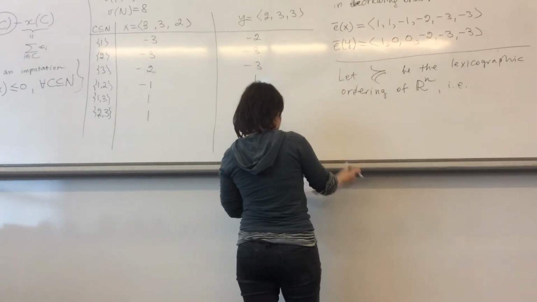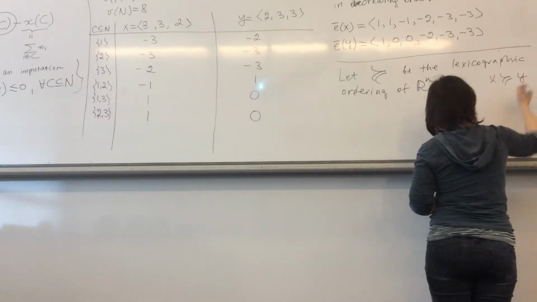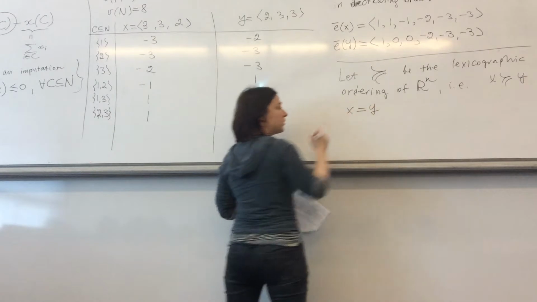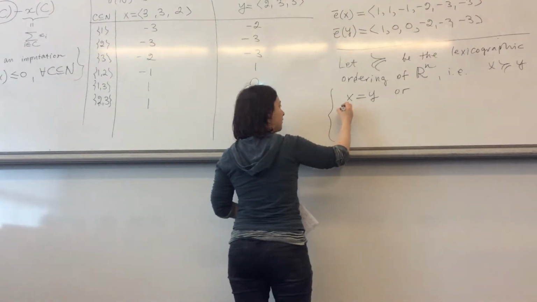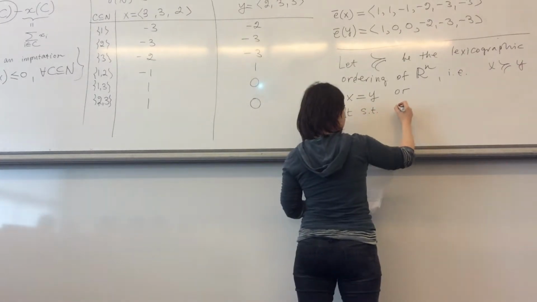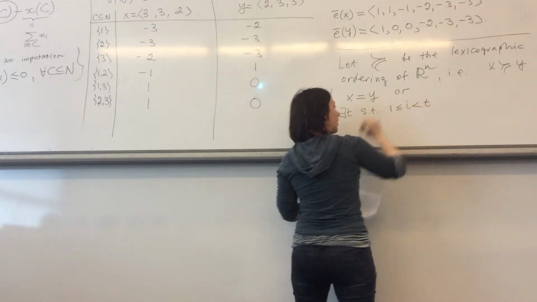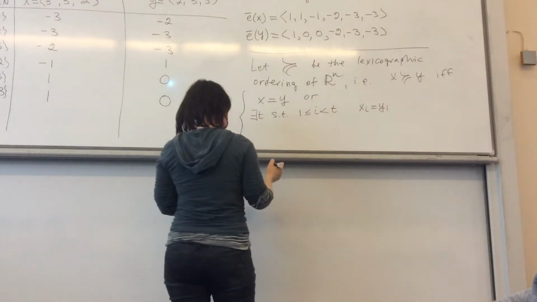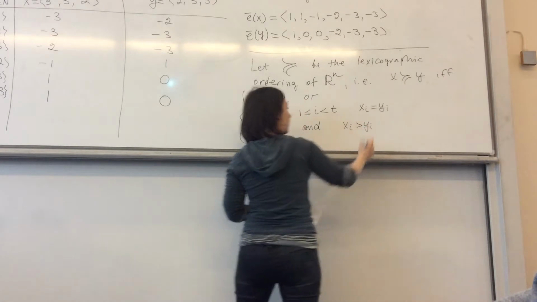Which means that for any two vectors x and y, I would say that x is lexicographically larger than y if and only if either x is equal to y, or there exists some entry t such that for every entry i before t, we have that the entries of x and y are equal, and at t, xi becomes strictly greater than yi.